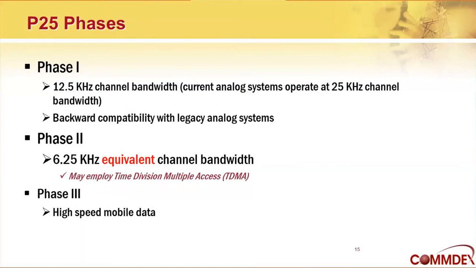And then when phase two came out to increase the throughput and the user capability, now we have 6.25 equivalent channel bandwidth. Now we're still using 12.5 kilohertz actual bandwidth, but because we're fitting 2 users into that, our equivalent bandwidth is half of that, or 6.25. And phase two also introduced time division multiple access. Now moving into the phase, there will be more specifications about high-speed mobile data.